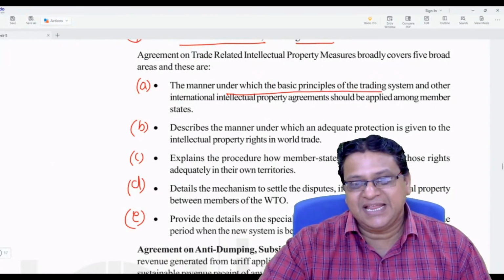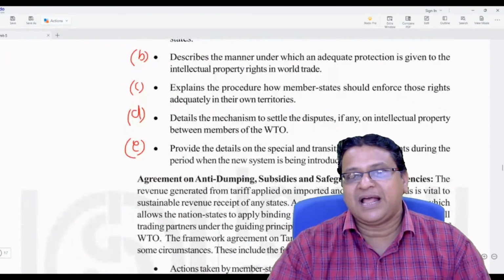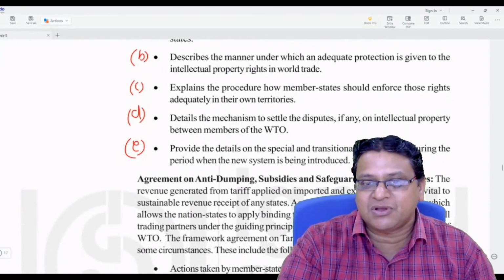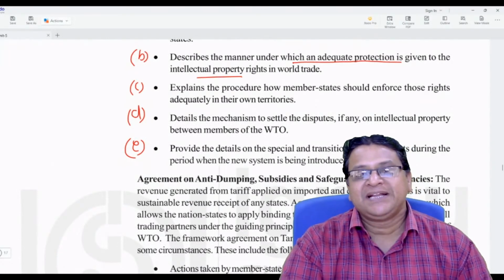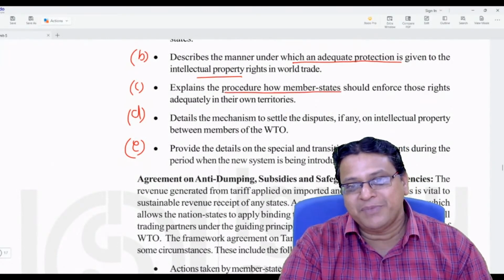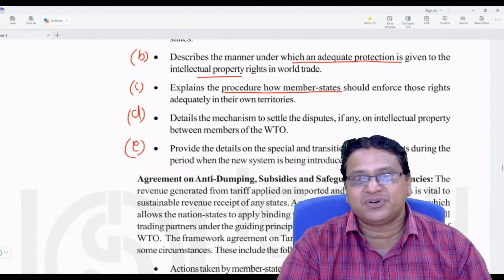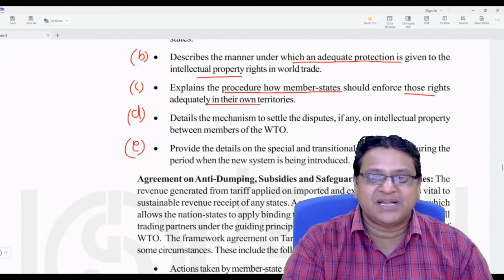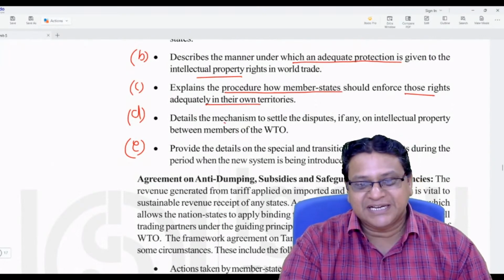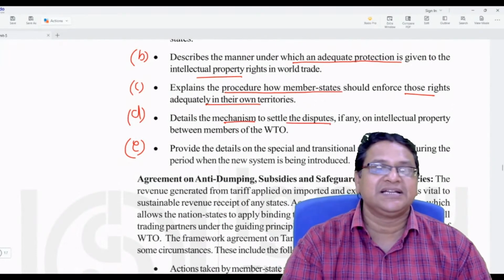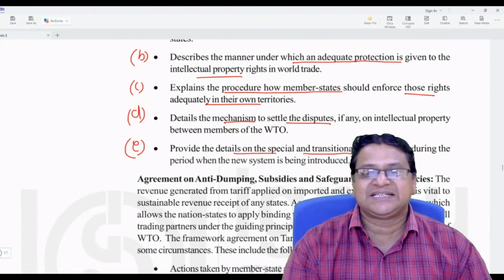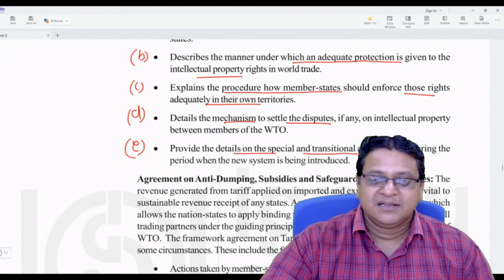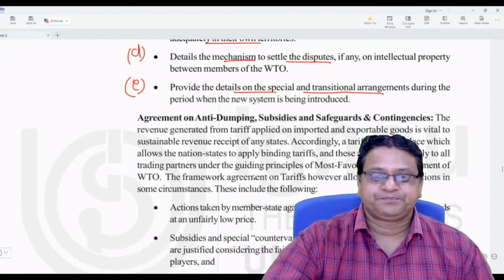Next, it describes what adequate protection is to be given to IPR. It explains the procedure for how member states should enforce these rights adequately in their own territories. It details mechanisms to settle disputes. It provides details on special and transitional arrangements related to IPR.